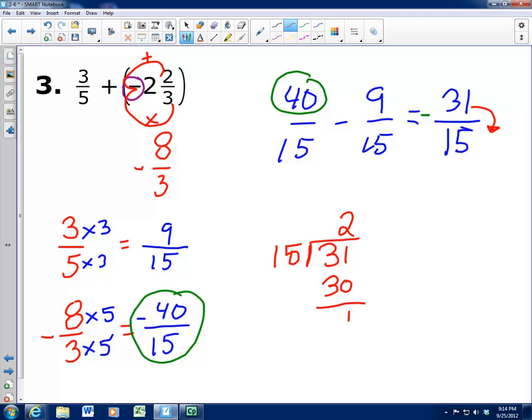The leftover of 1. Remember, I put that remainder over the number that I divided by, so that would be 2 and 1 over 15. Now don't forget about our negative sign. So our answer for this one would be negative 2 and 1/15.